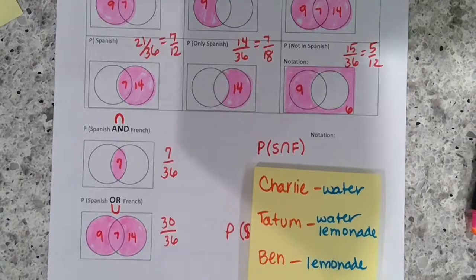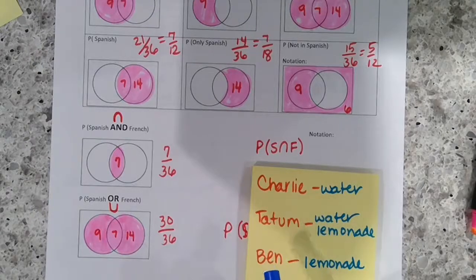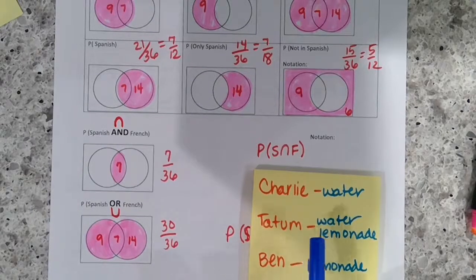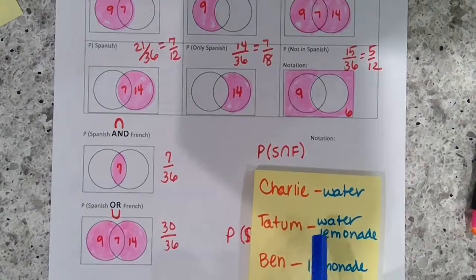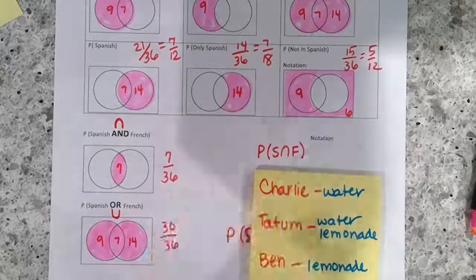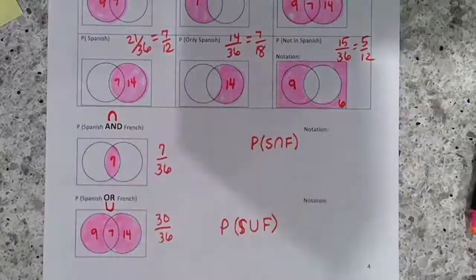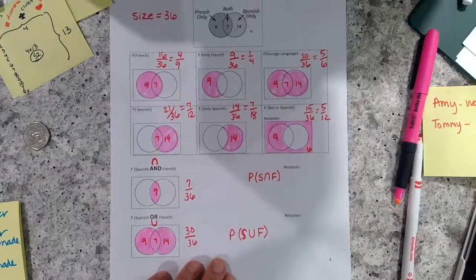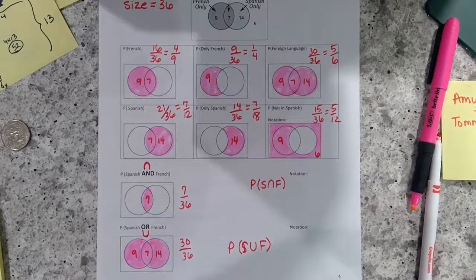But if I said who had water or lemonade, well, he had water, he had lemonade, she had water and lemonade. So yeah, they all had water or lemonade. So this would be including all of them. I don't know if that helped or confused you. Okay, we'll see how this goes. All right, moving on.